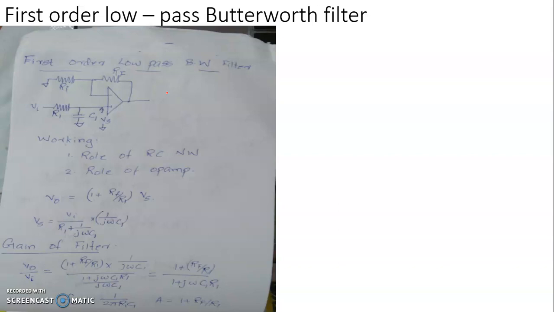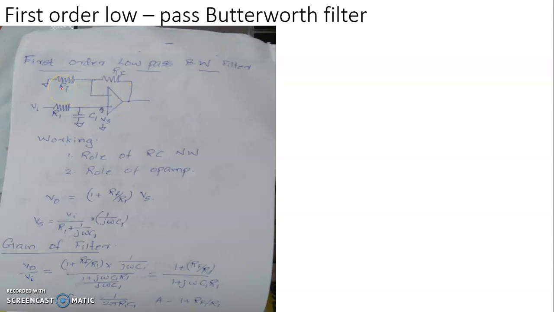A first order low pass Butterworth filter is an active op-amp based filter that has a characteristic high corner frequency up to which it will allow any input frequency or operating frequency to pass through it, and if the frequency of the input signal is exceeding this high corner frequency or characteristic corner frequency, the signal will be attenuated at a roll-off of 20 dB per decade.